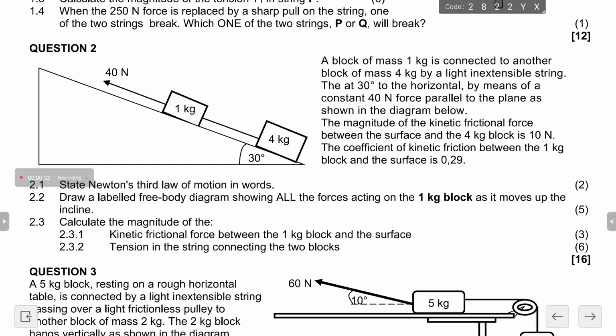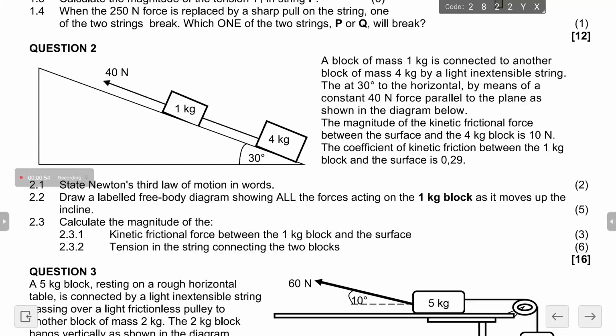But before we talk about Newton's laws of motion, we need to discuss the issue of forces, mainly how to calculate the magnitude of the kinetic frictional force, given the coefficient of kinetic friction and relevant information to determine the normal force acting on an object, which of course will be on a surface.